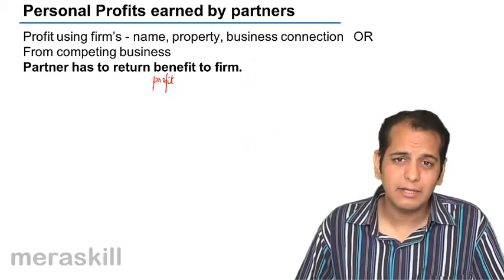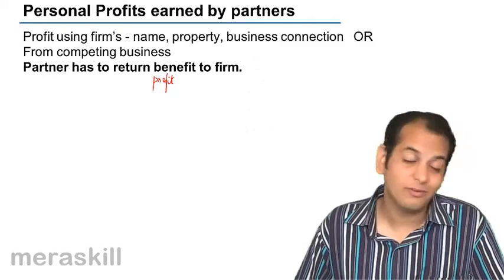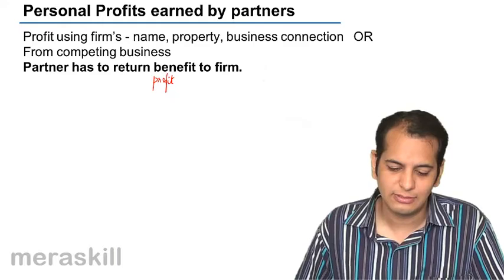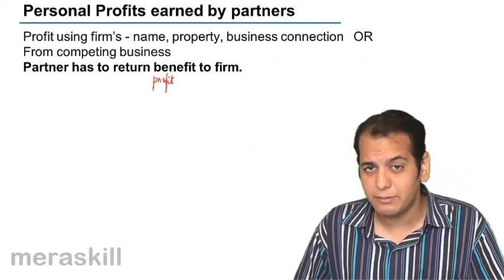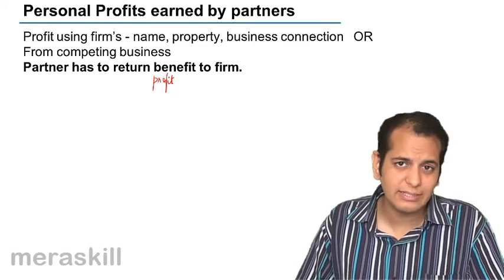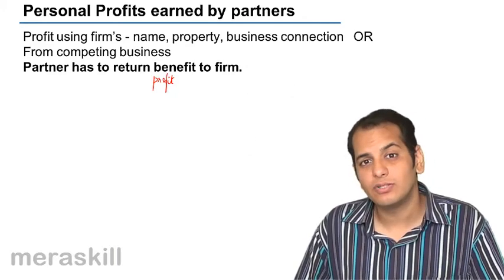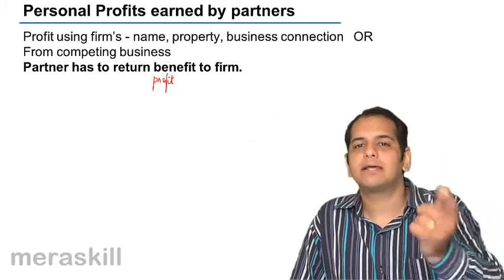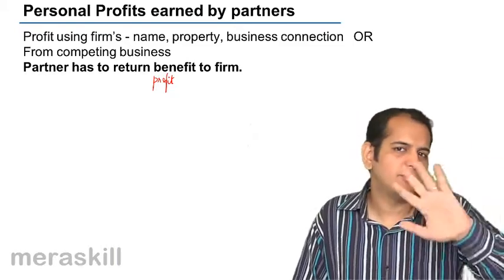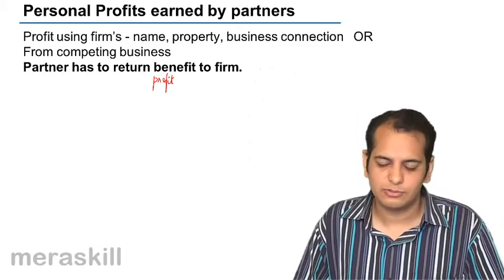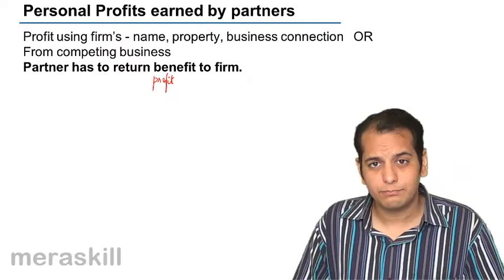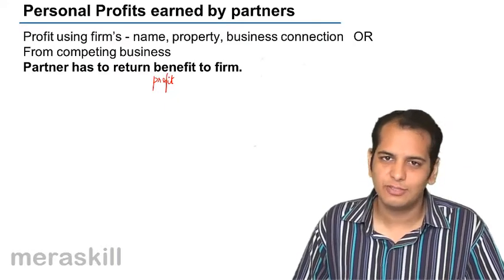Will the firm be liable for the loss? No, the firm will not be liable for the loss. If he's using the firm's name, firm's property, or firm's business connection to do his personal business and he makes a loss, then he'll have to be liable for the loss. In this case, the firm will not be liable for the loss. But if he makes profit, then he'll have to give it to the firm.